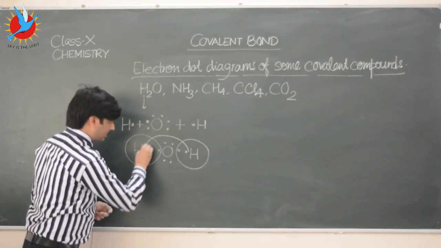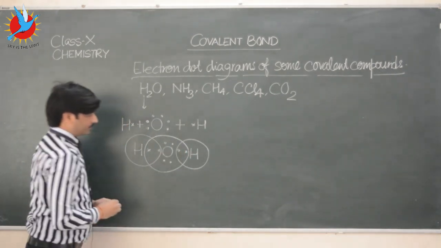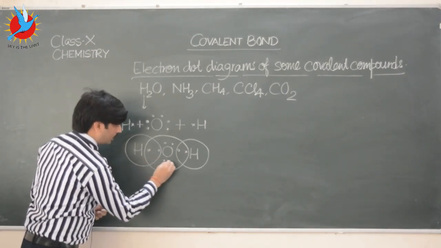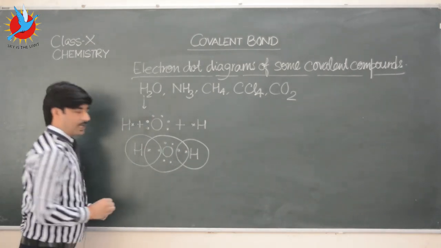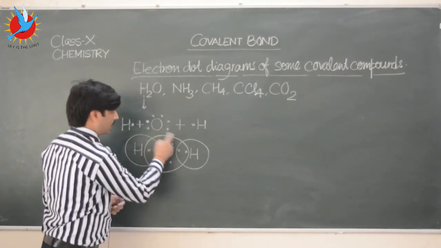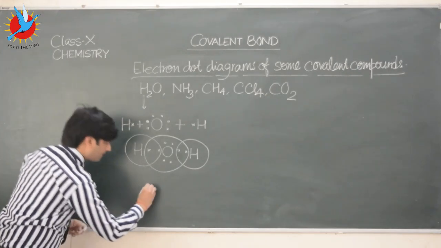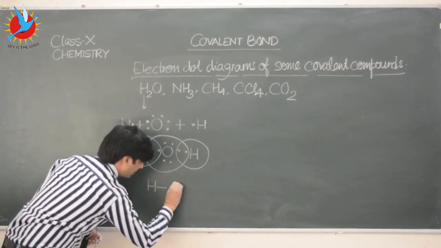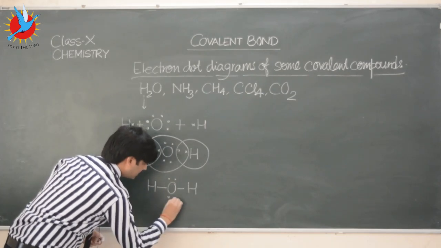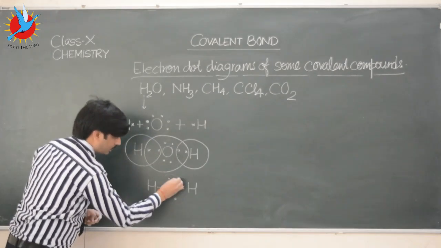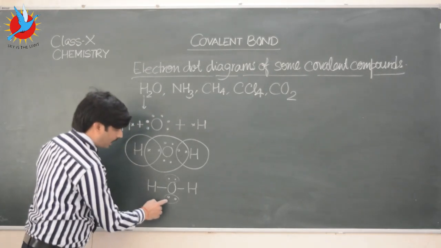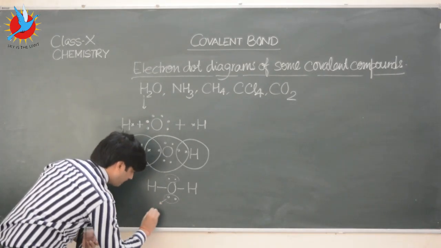And if you check the circle of oxygen atom, then you will find that there are 1, 2, 3, 4, 5, 6, 7, 8 electrons in the outermost shell of oxygen atom. And we can represent it like this. And these electrons which are not shared are known as lone pairs.